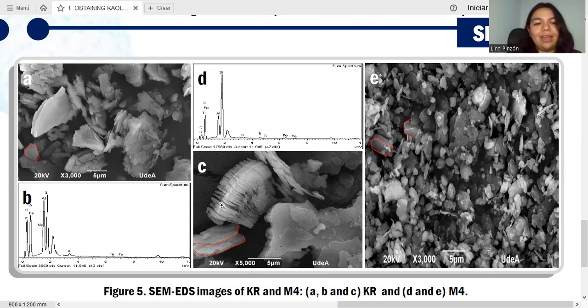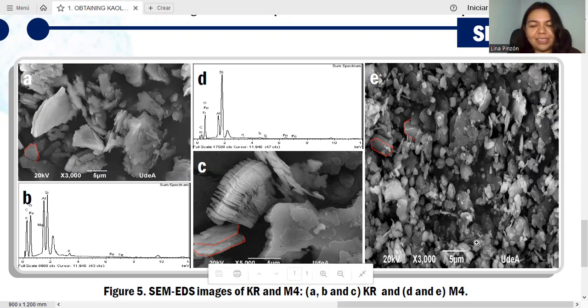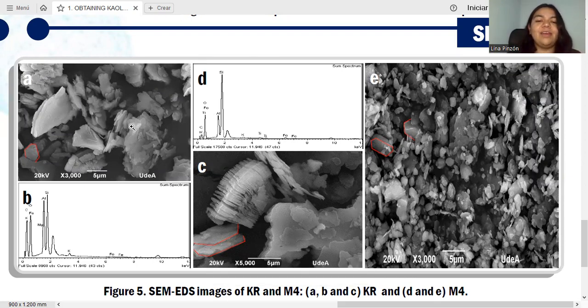On the other hand, figure E shows the abundance of quartz grains and other impurities such as iron aggregates, with the EDS consistent with the XRF analysis of M4.